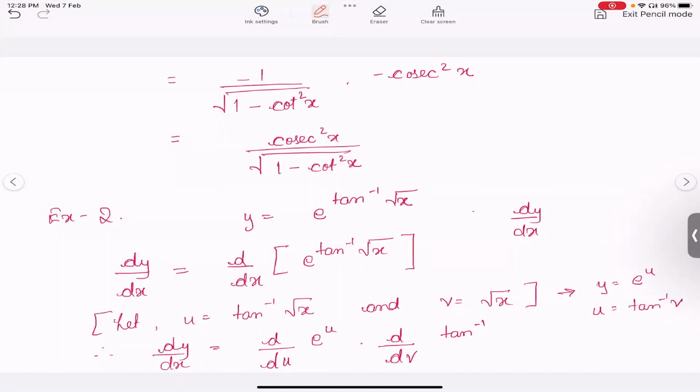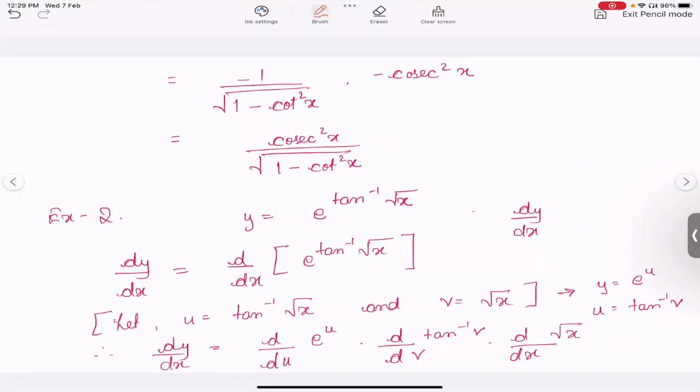So we have to differentiate u in terms of x. Now again, u is equal to tan inverse v. So again, we have to add one more step, du by dv times dv by dx, and v is equal to root of x.